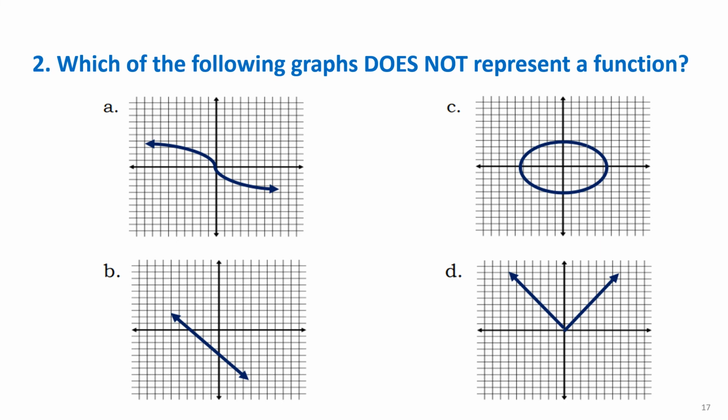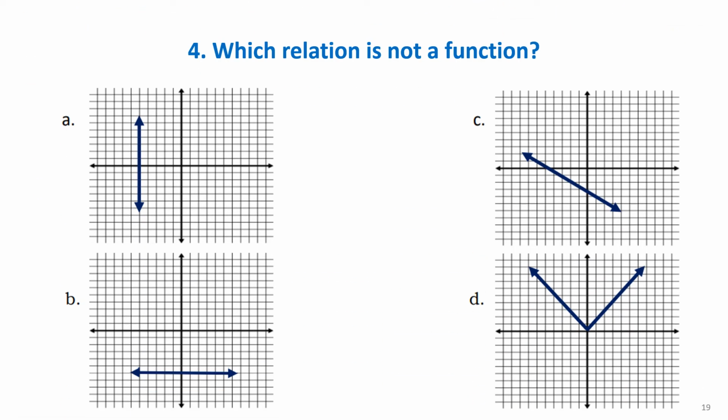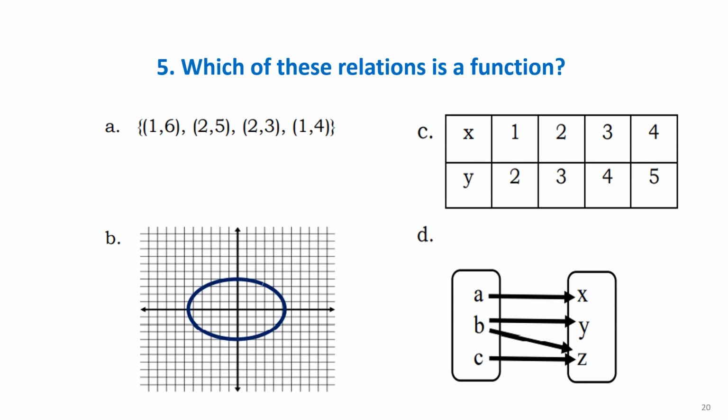If you need more time to answer, you may pause this video and play it again for the next question. Question number 3. Question number 4. Use the lesson that you have learned from our discussion. And the last item, question number 5.